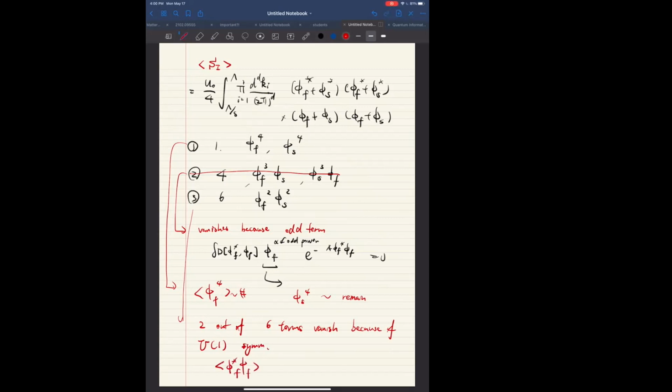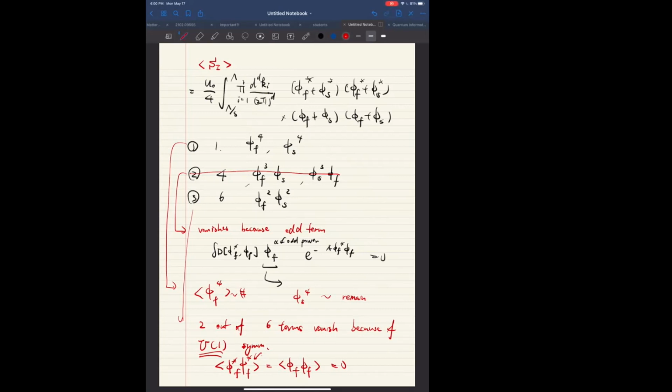So this is something like the superconducting order parameter, which is like a Cooper pair. You have 2 creation or 2 annihilation operators. If you measure with respect to a particle-number-conserved system, which is U(1) symmetry, it will be 0.